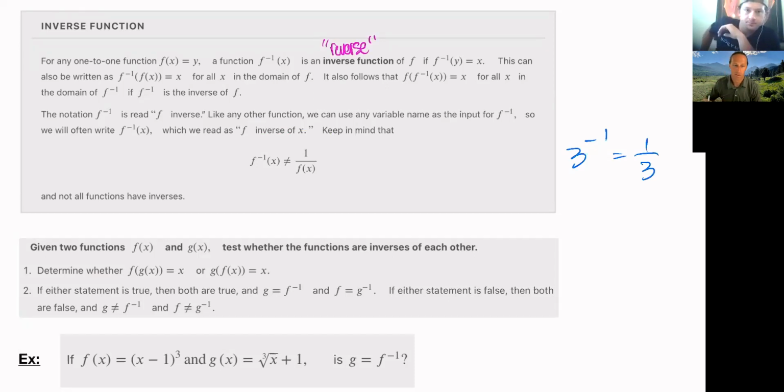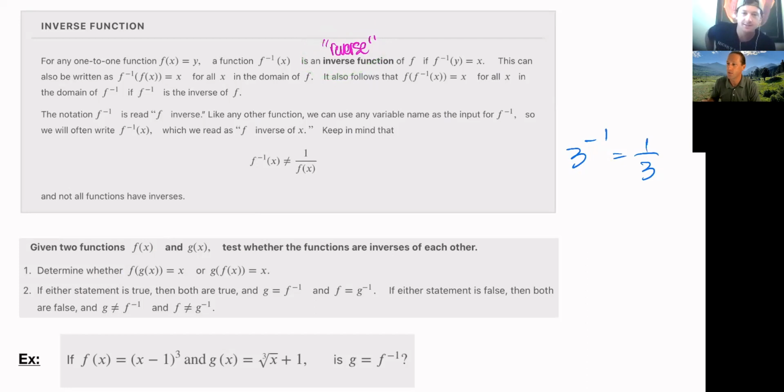Okay? So how do we tell if we are given two functions, whether they are indeed inverses of each other? Unfortunately, we have to go back to last week and do those composite functions that we learned. Remember that f of g and g of f stuff? If they are indeed inverses of each other, remember what we said inverse meant? Reverse.